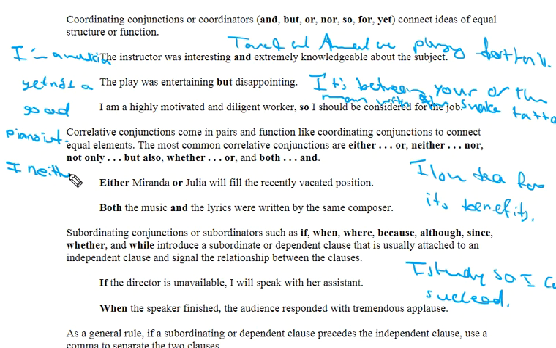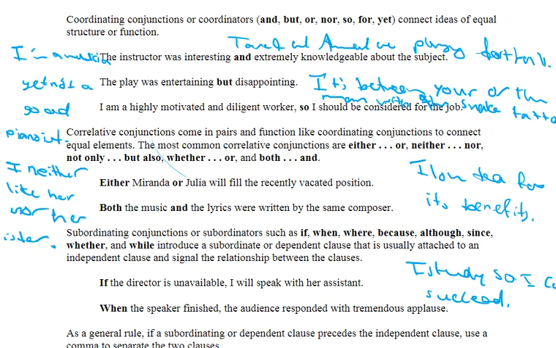Nor: I neither like her nor her sister, meaning I don't like both her and her sister. Okay, so these are examples of using the coordinating conjunctions in a simple sentence.